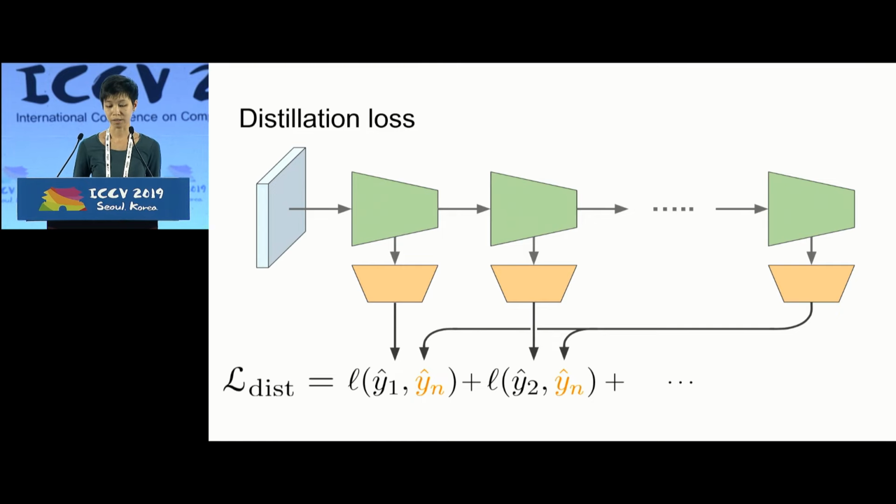The idea here is that the late exits are presumably more accurate than the early exits because they have more computation power, and so we can use the predictions of the late exits to supervise the early exits. So it's a form of self-supervision. In distillation speak, the late exits are the teachers and the early exits are the students.